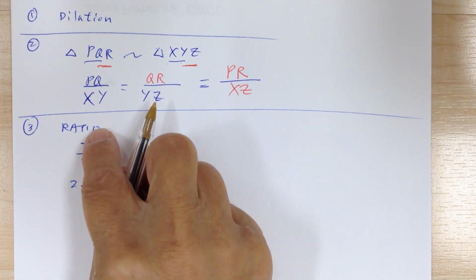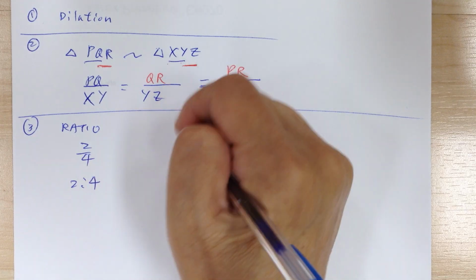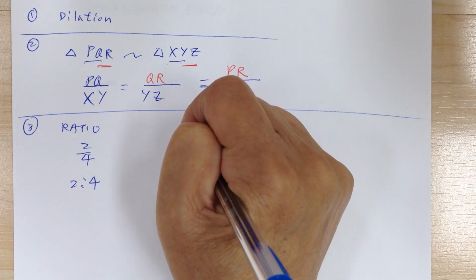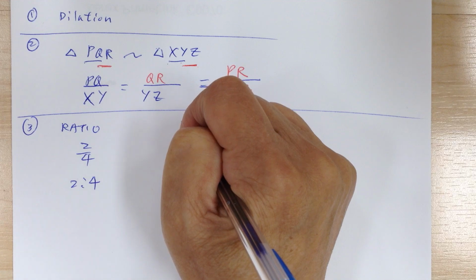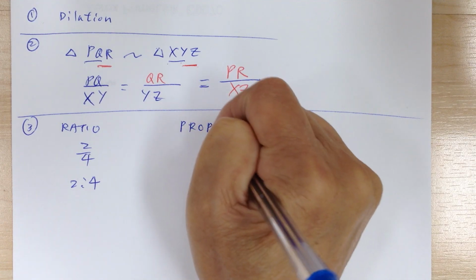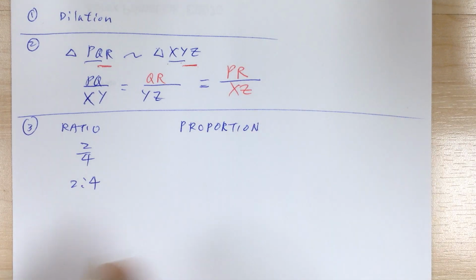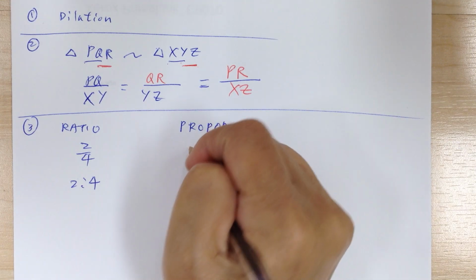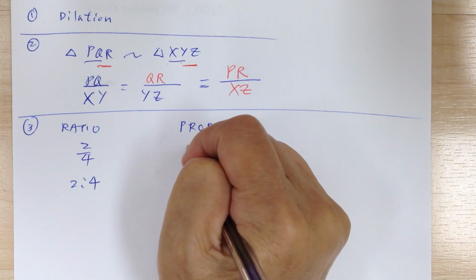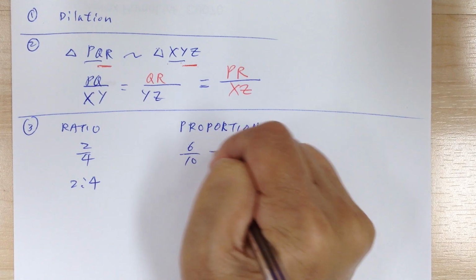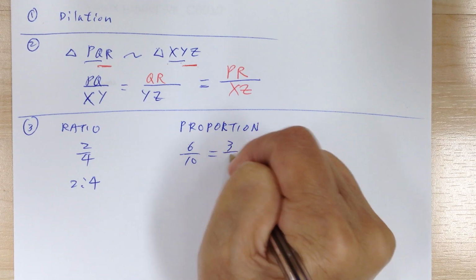A ratio is when you compare two numbers, whereas a proportion is when you have two ratios equal to each other. For example, 6/10 is equal to 3/5.